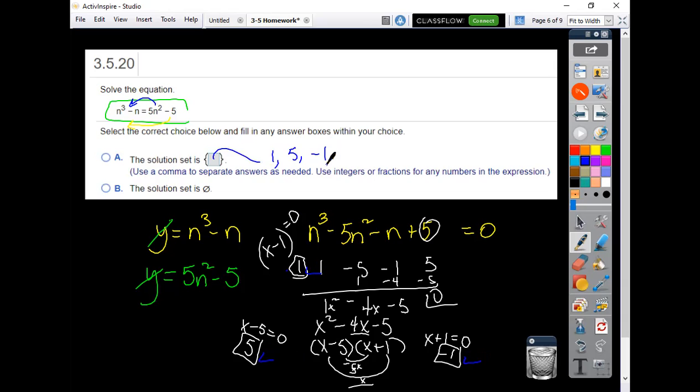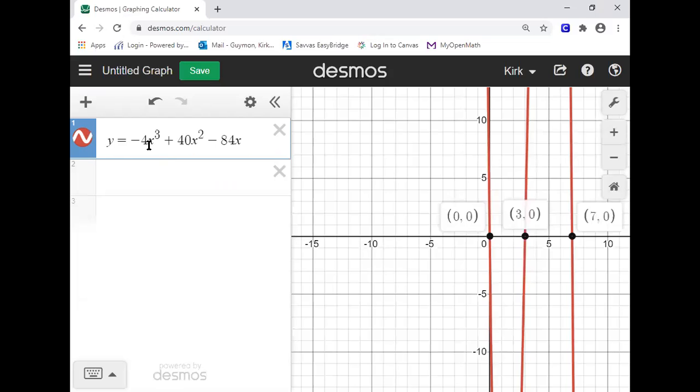So problem 3.5.20, again, if you would prefer, like I've demonstrated in other videos, to take that equation, n cubed minus n, moving everything to one side, I'll put the minus 5n squared minus 5, and then jump over to a Desmos or your graphing calculator.